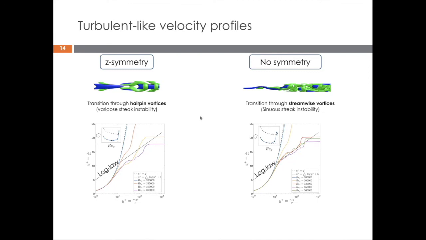But actually, we can see that for the non-symmetric, symmetry broken solutions, where we don't have reflectional symmetry, if we plot the velocity profile further downstream, close to the end of the domain, we start recovering a logarithmic profile. And here I specifically plot, with a dashed line, the one that is typically observed for fully developed turbulent boundary layers. And we can see that the harmonic balance solutions start approaching this slope.